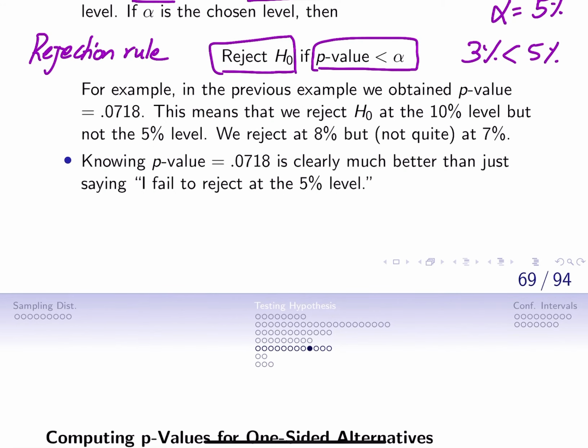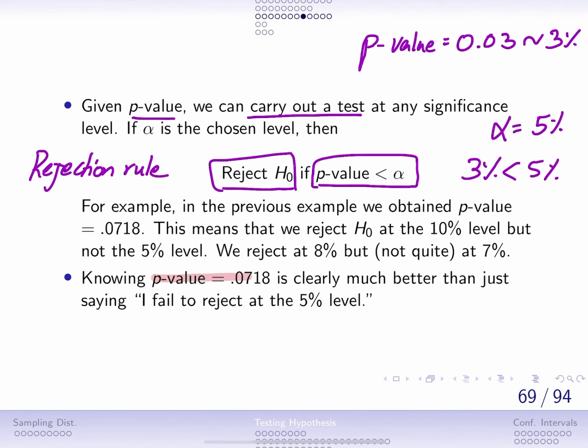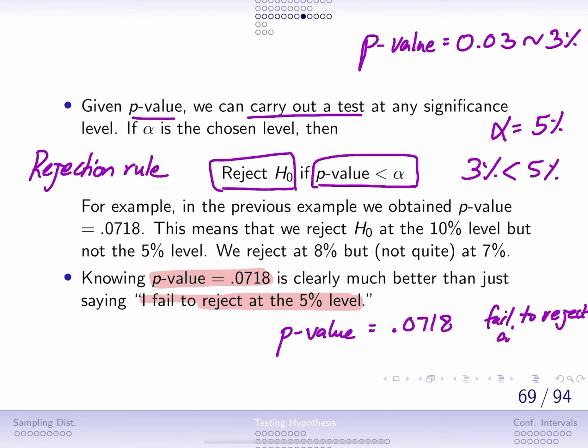Okay, so in this case, for example, where the p-value is 0.0718, if we were to interpret this, we can say that we fail to reject the null at the 5% level. Okay, so if the p-value is 0.0718, then we fail to reject at 5% because this is approximately 7%, right?